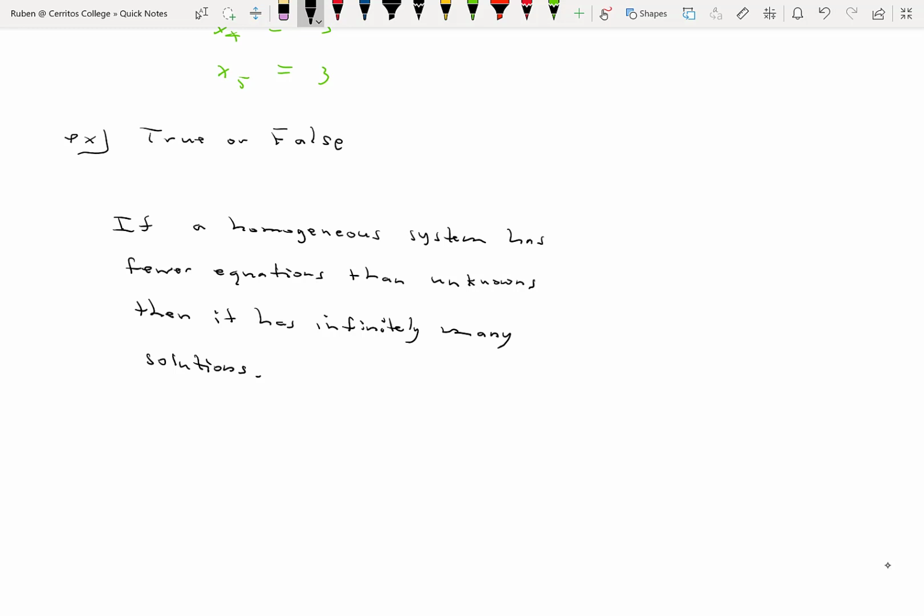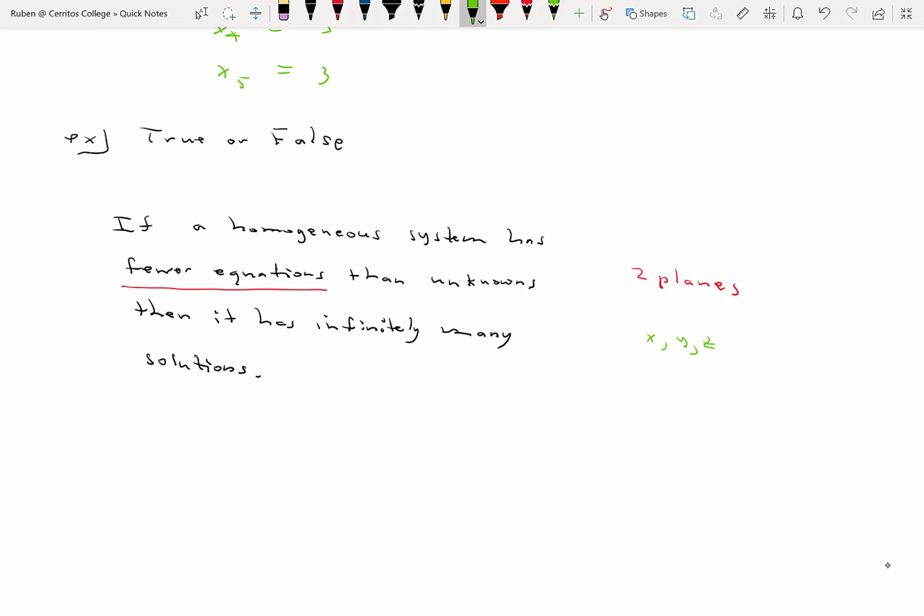So let's think about R3 and planes, just planes that we could visualize. If a homogeneous system has fewer equations, let's say each equation represents a plane, so 2 planes, fewer equations than unknowns, well, we have 3 variables, x, y, and z.